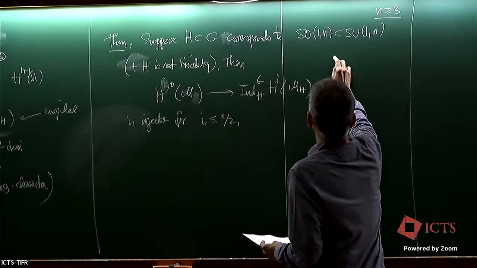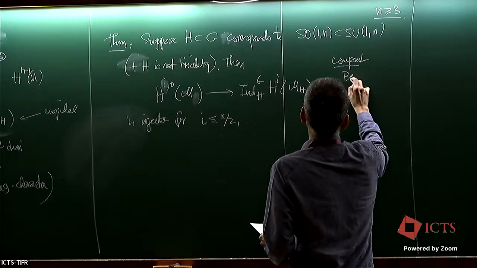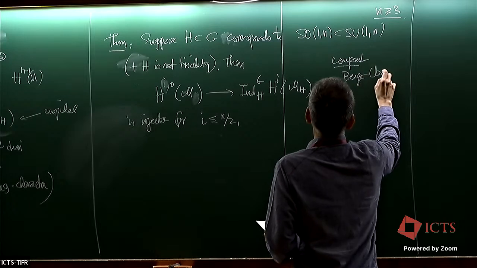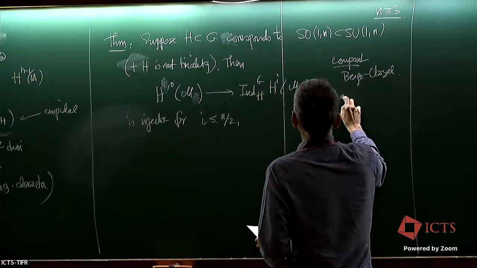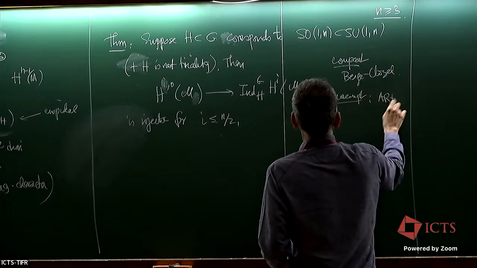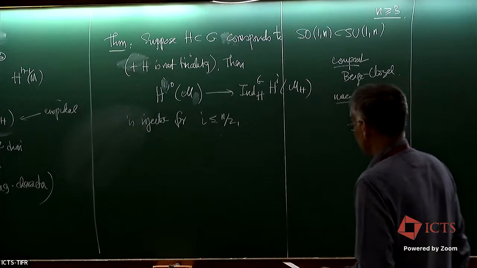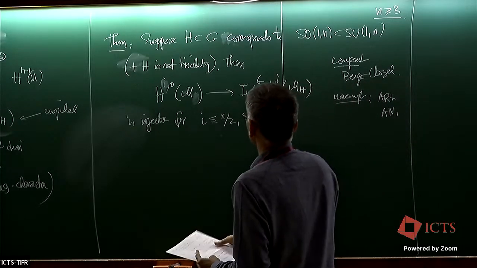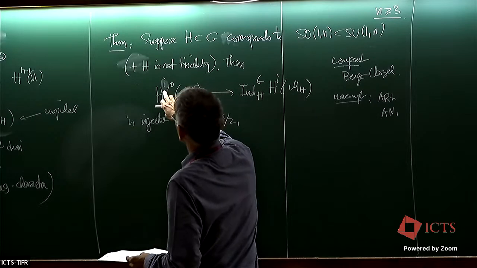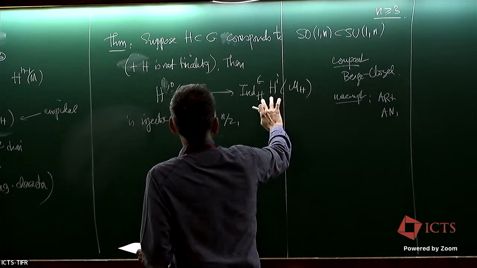I less than or equal to n over 2. Okay, so this is the compact case, proved by Bergeron and Clozel, and the non-compact case is in... Let me emphasize again what this means. I take a class of type I0, and it may not vanish when I restrict it cohomologically.